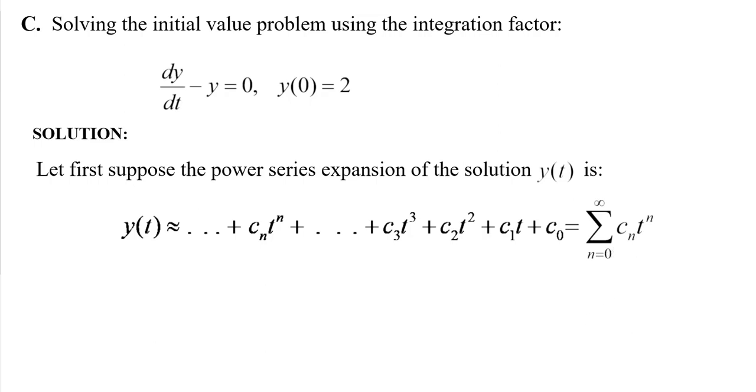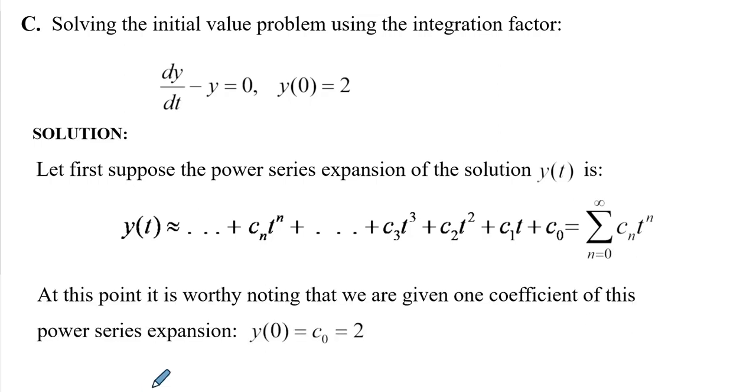At this point, we should also note that we already have one coefficient which we need for this power series expansion, which is c0. Like we had seen before, c0 is actually the value of the function at 0, and this is 2. So for this expansion, we already get c0.